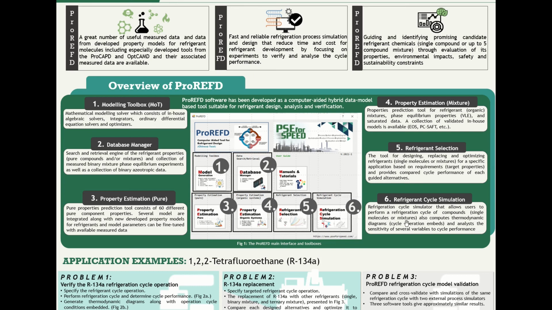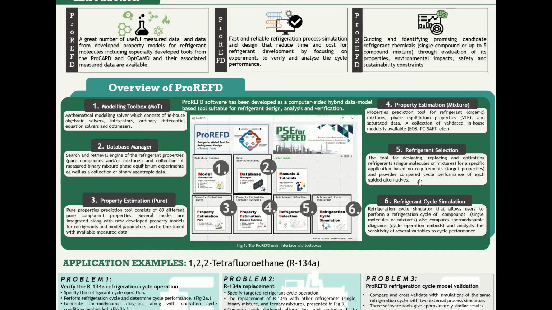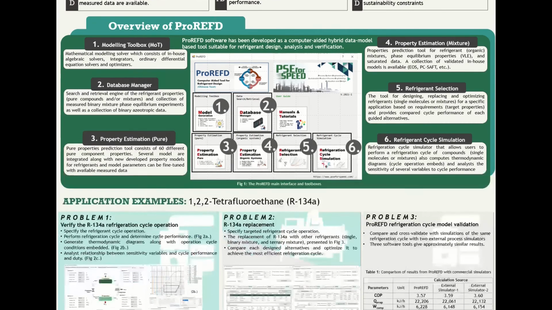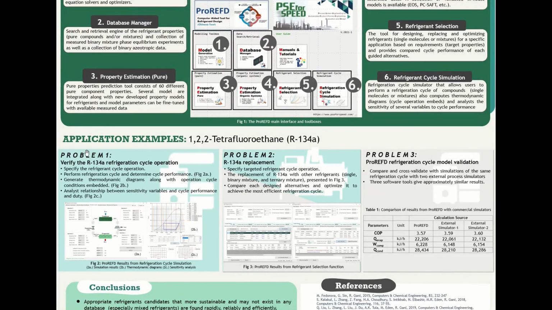The refrigerant can be a single molecule or a mixture of up to 5 compounds. This toolbox also computes thermodynamic diagrams and embeds the cycle operation into the diagram. Another useful feature is the sensitivity analysis option, where the sensitivity of compound properties or operational variables to the performance and duty of the cycle are checked.